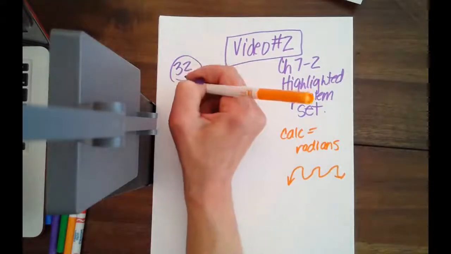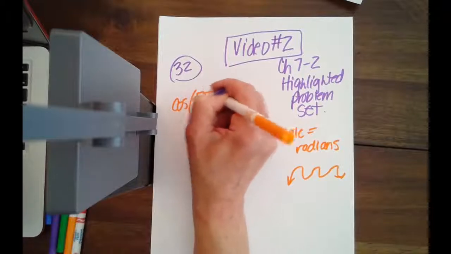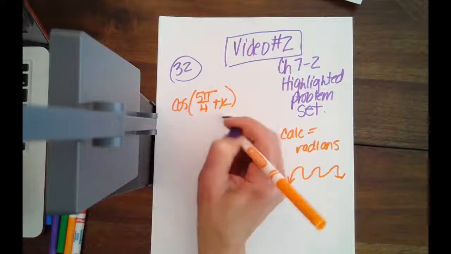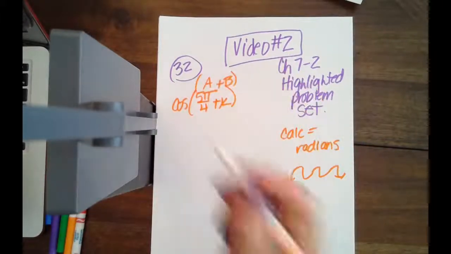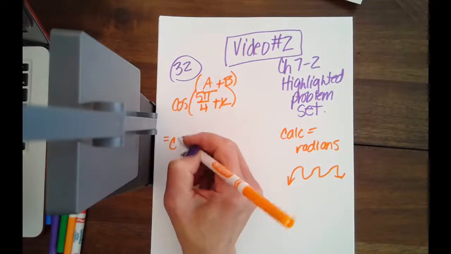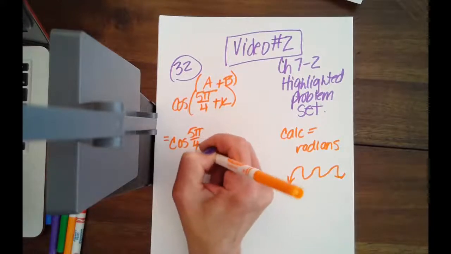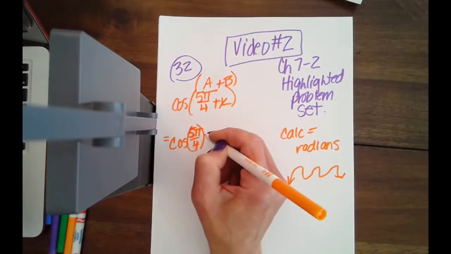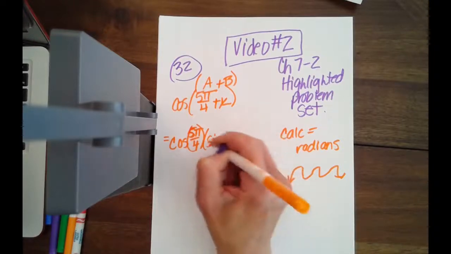Okay, let's see, cosine of 5 pi over 4 plus x. All right, so it's a cosine of alpha plus beta situation. So we're going to use that identity and expand it. It's going to be cosine of my first angle, 5 pi over 4, times cosine of x.